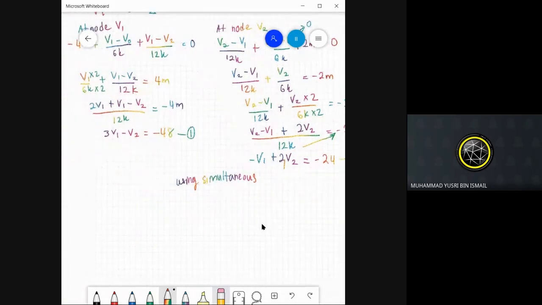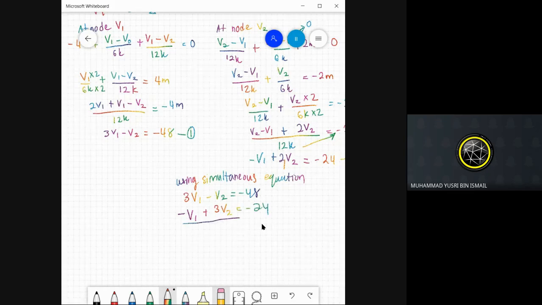Okay. So using simultaneous equation, you press your calculator, okay, at mode 3 times, then press the EQN, and then select two unknown.